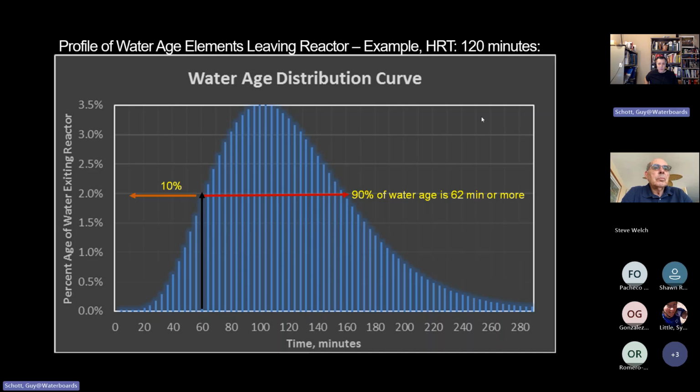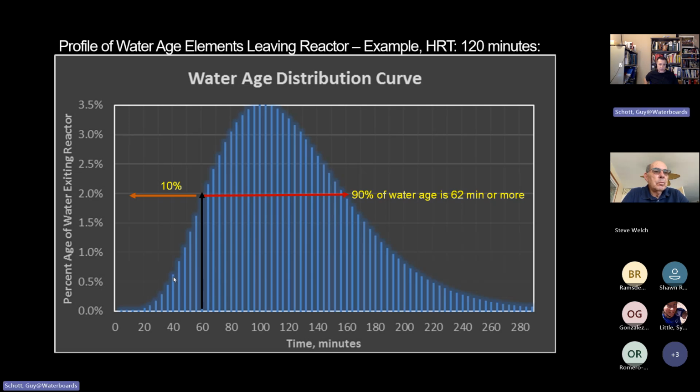Okay, all right. So this is what we call a water age distribution curve. If we took a profile of the water exiting the reactor, we can, in theory, break it down into water elements. Each water element represents a certain percent volume of the total water leaving the reactor and has a certain water age.